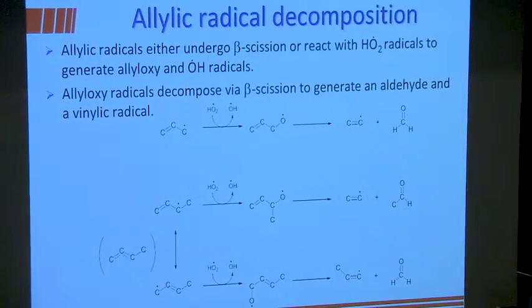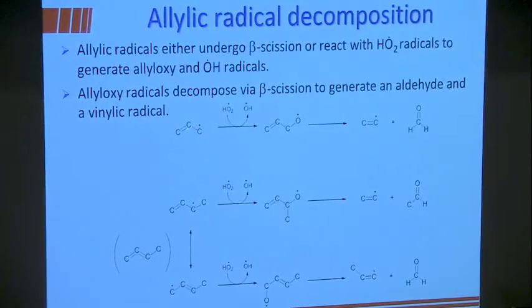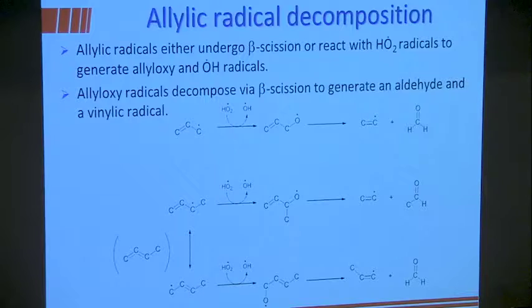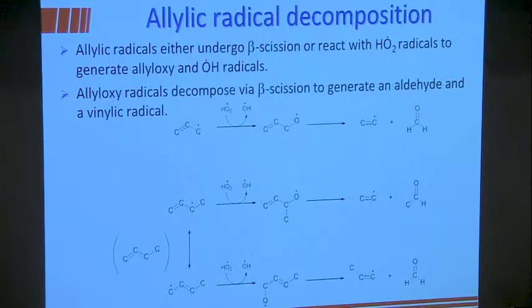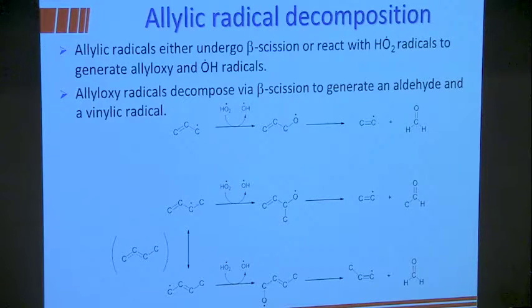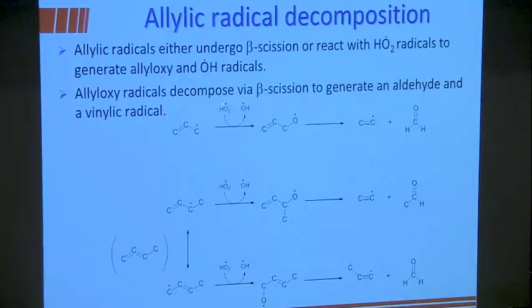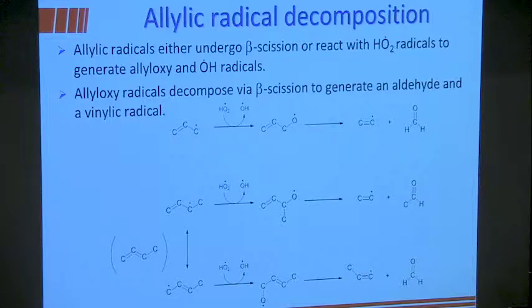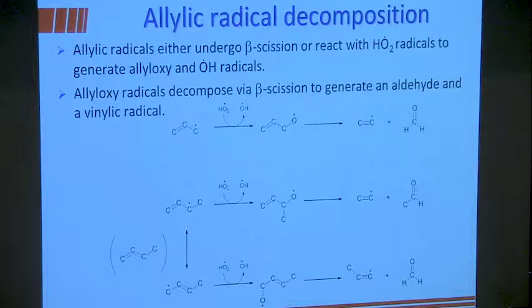It's easier to depict the radical like this if we want to consider how it will react with another molecule. Typically, allyl radicals can react with HO2 or possibly CH3O2, but mostly HO2 because it's in much higher concentration, to give allyloxy radicals. And those allyloxy radicals then can decompose to give formaldehyde and something else.